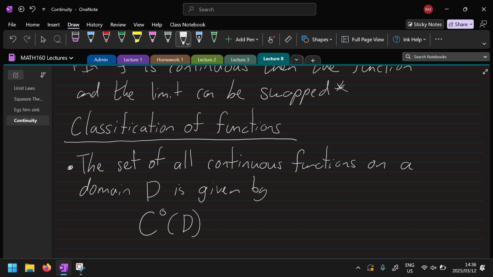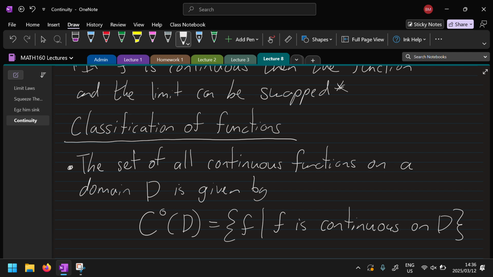This is a set, just like we had sets before, but it's not a set of numbers or letters or anything like that. This is a set of functions. So this is the set of all functions f such that f is continuous on D, where D is some domain.